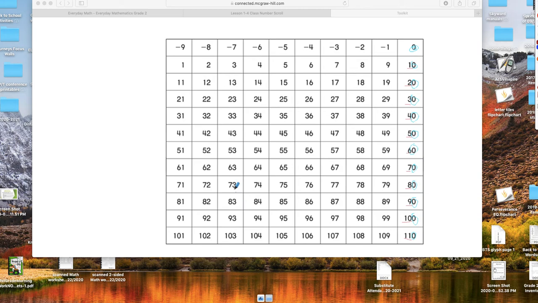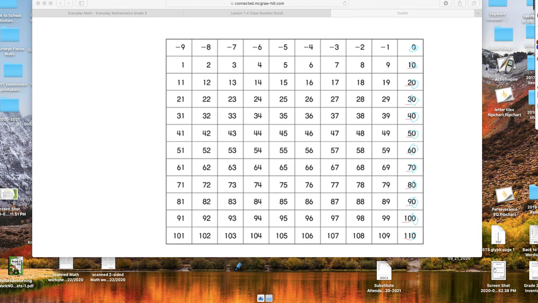The only number that changes is the number that's in the tens place. Ready? 3, 13, 23, 33, 43, 53, 63, 73, 83, 93, 103. And it would just keep going until we ran out of number grid numbers.